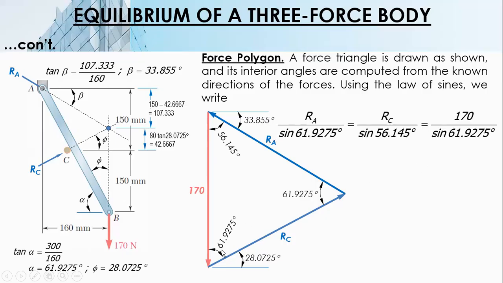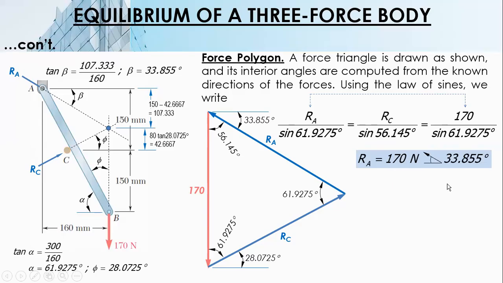Okay, RA over sine 61.9275, RC over sine 56.145, yeah, 170 over sine of 61.9275. Combine RA and 170, cross multiply.